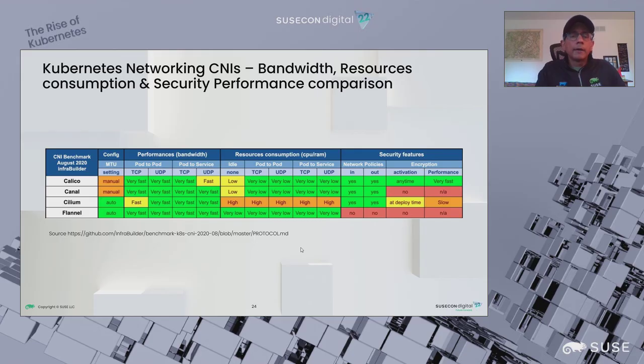But overall, as we can see, most of these implementations have pretty good performance. Where they differ a little bit is in terms of manual configurations. It's a bit of tweaking that you need to do with MTU settings. It's common with Calico and Canal, Canal because it's using Calico as well.